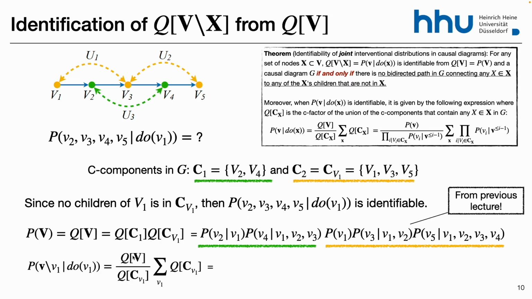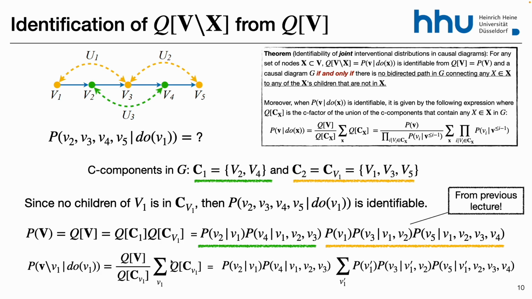So from this line here, we have the QV, which is everything here, and the Q of C(V1) is QV divided by QC1. So basically, this fraction here is exactly QC1, which is the green.